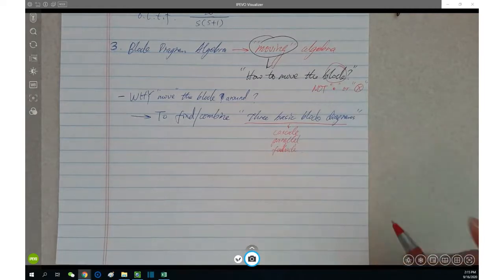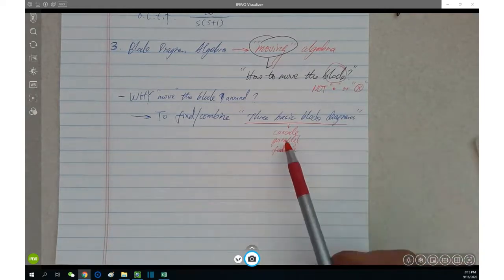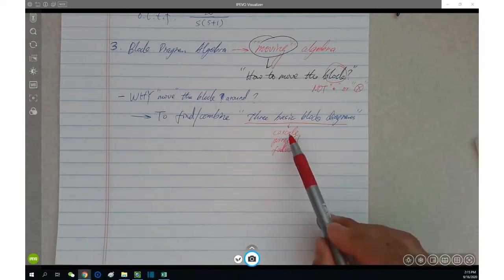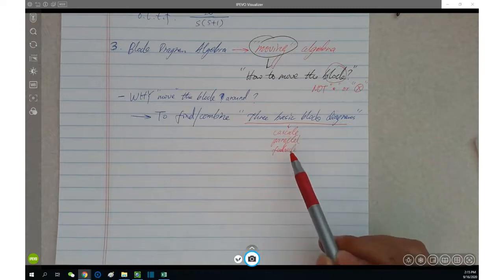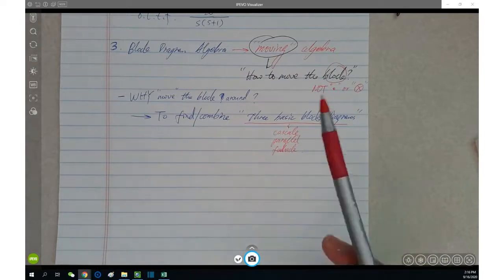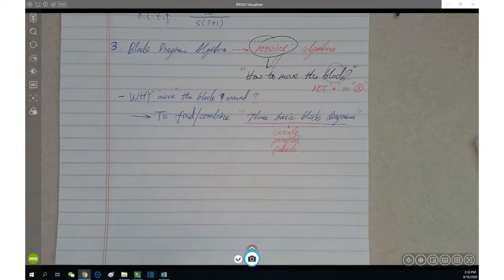Without moving around, we are not able to easily see the cascade, parallel, or feedback. That's why we need to move around. After moving, we can see a cascade. Combine them, very easy. Then two blocks, maybe even more blocks become one, because we can do the combine. If after moving, we can see the parallel, another combine.